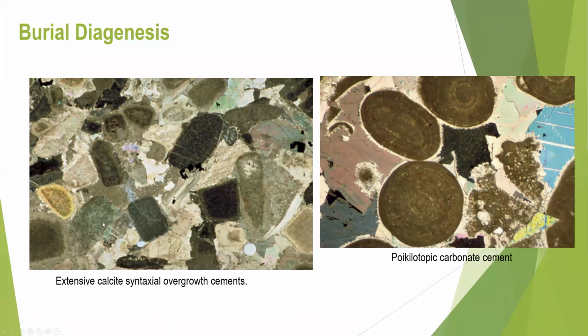And again, at the last stage of the burial system, we can see extensive calcite cement between grains. And here we can see poikilotopic cement. It means the last stage of the burial system.